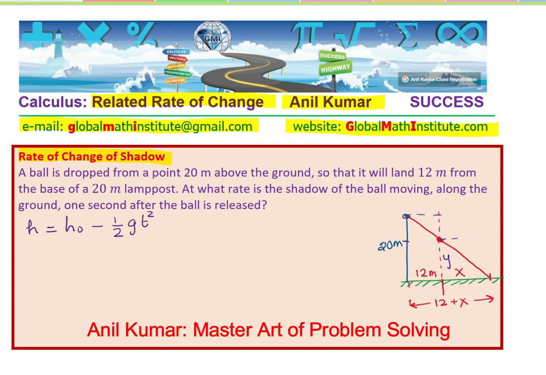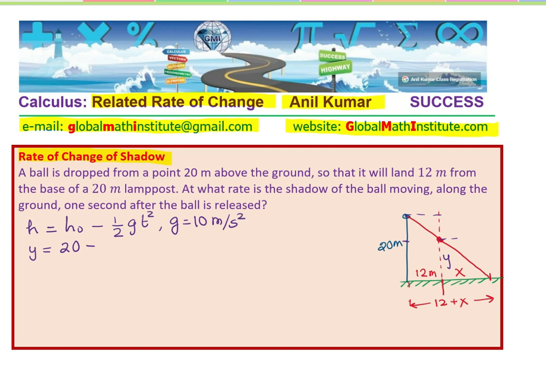So at any time, y is less than 20 meters, and we can say y is equal to 20 minus half g t squared. The value of g is 9.8 meters per second squared, but for our calculations, we'll take 10 meters per second squared for easier calculations.